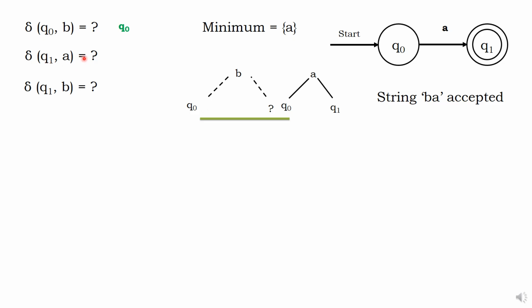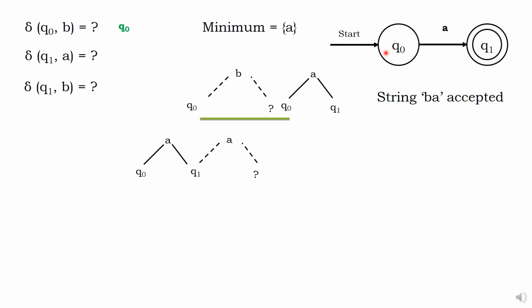Carefully, the given question is a dotted line. Q1, A: what happened? As I told you, Q1 before, Q1 after. You should only check the alphabet. Q1 before A: for A, who is before?